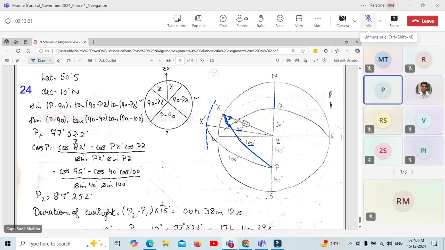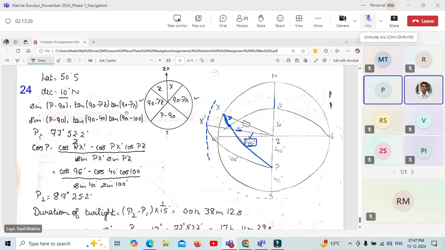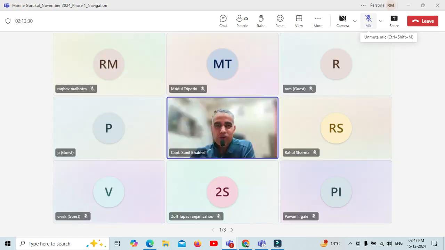Declination was 10, so it becomes total 100. This is 10 degree north and this was 90 from pole. Okay, great. Very good, beta. So do the remaining questions also.